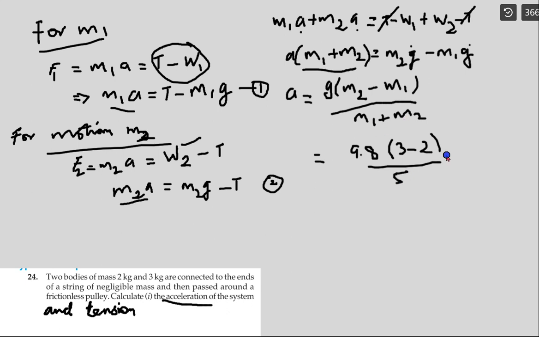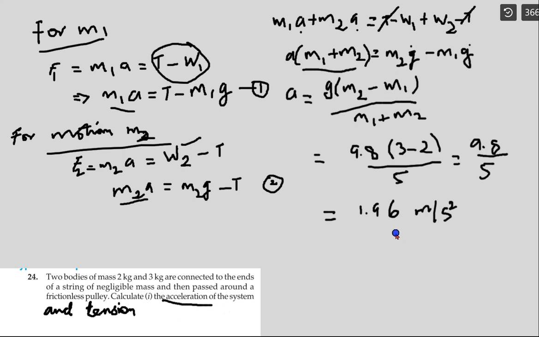This is 9.8 by 5. You can divide 9.8 by 5 as 1.96 meter per second square. I may have made a mistake here, so just calculate it yourself. So we found the value of A.